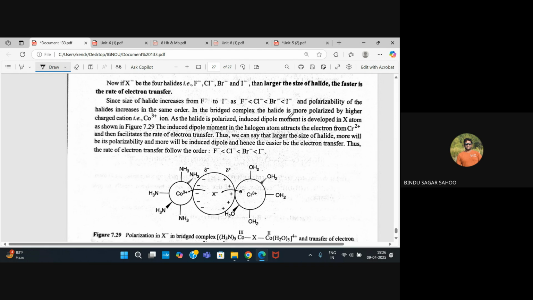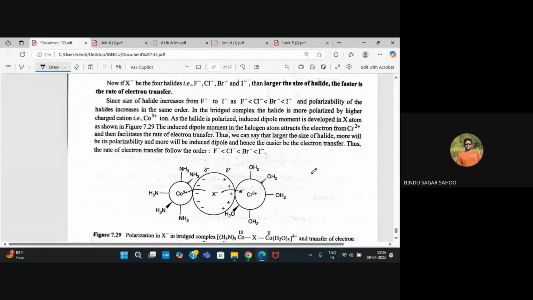You can read here also. In a bridging complex, the halide is more polarized by the higher charged cation. If the halide is polarized, an induced dipole moment is developed. That means in the bridging ligand, one side will be occupied by positive charge and another side by negative charge, so it behaves just like a dipole.